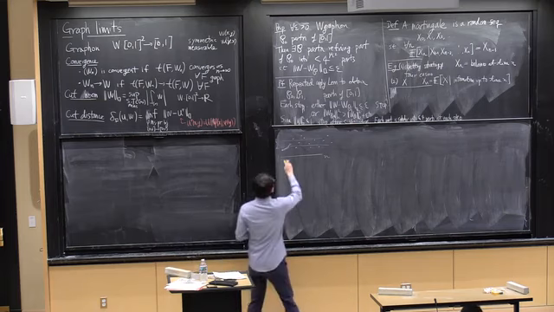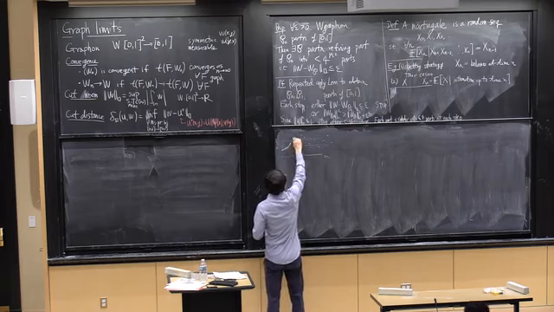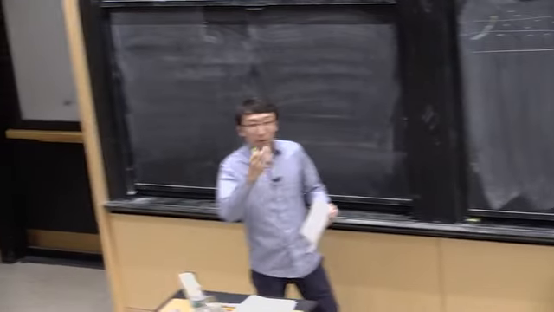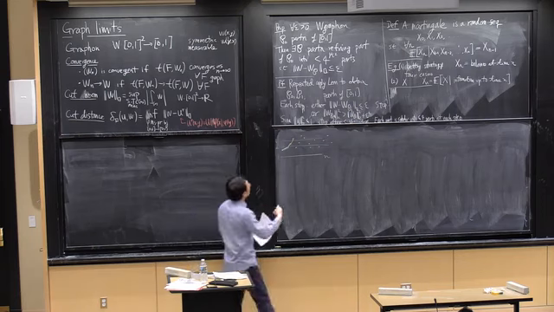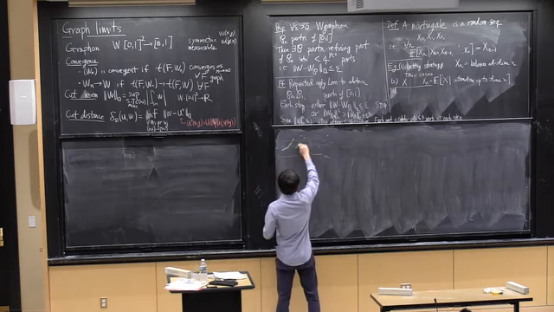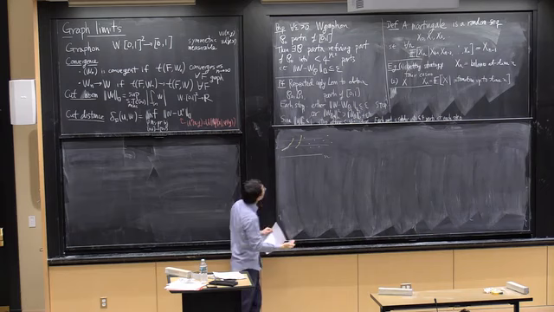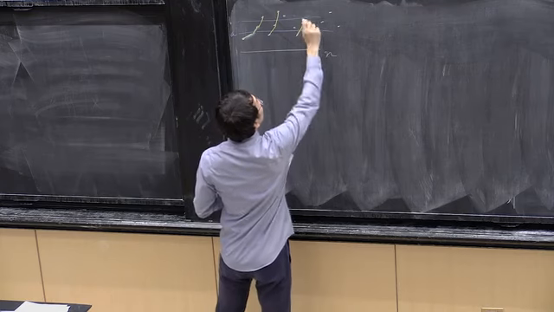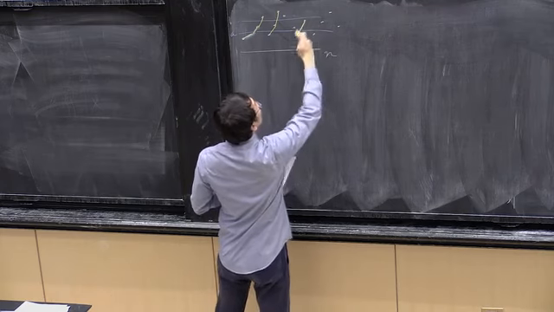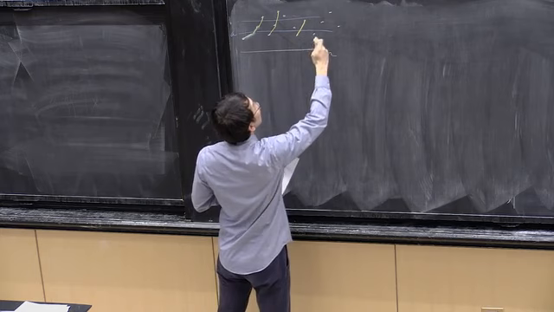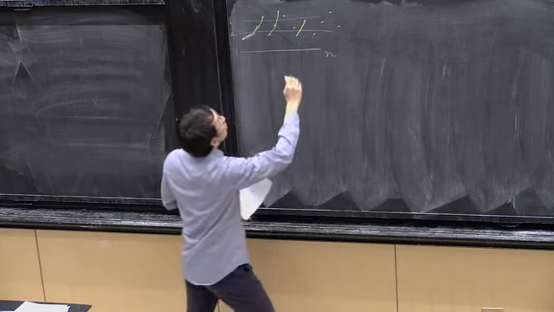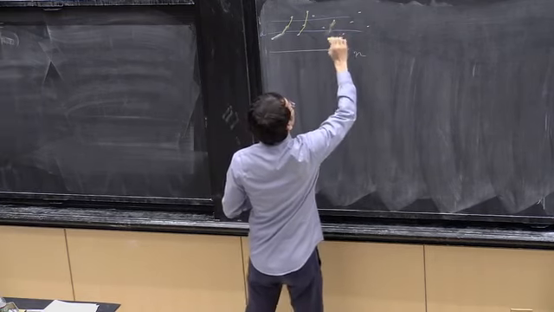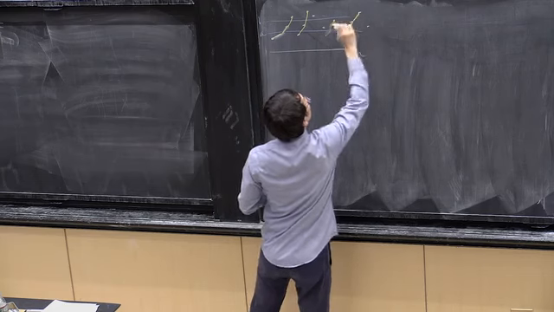I start below A, and I go above B. Then I wait until I come back below A, and I go above B. Wait until I come back.